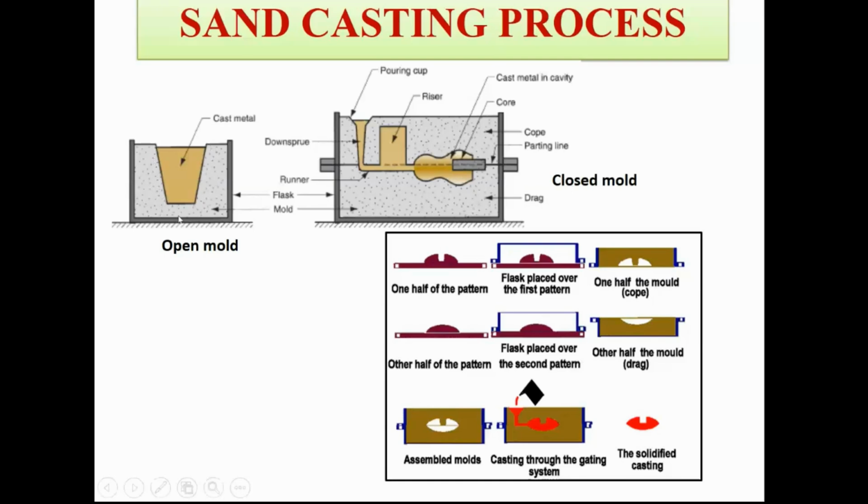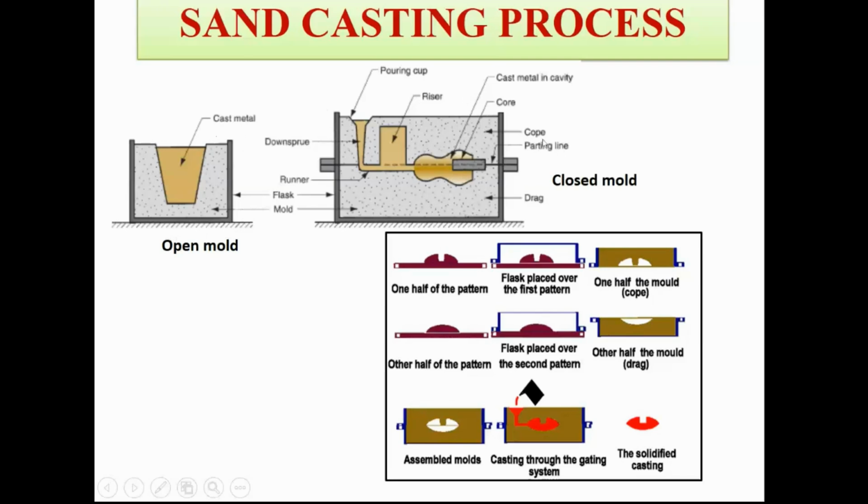Here the mold is open to the atmosphere directly. The atmosphere is working on the surface of your molten metal, which is filled inside the mold cavity. So this particular process is used to form simple shape castings.